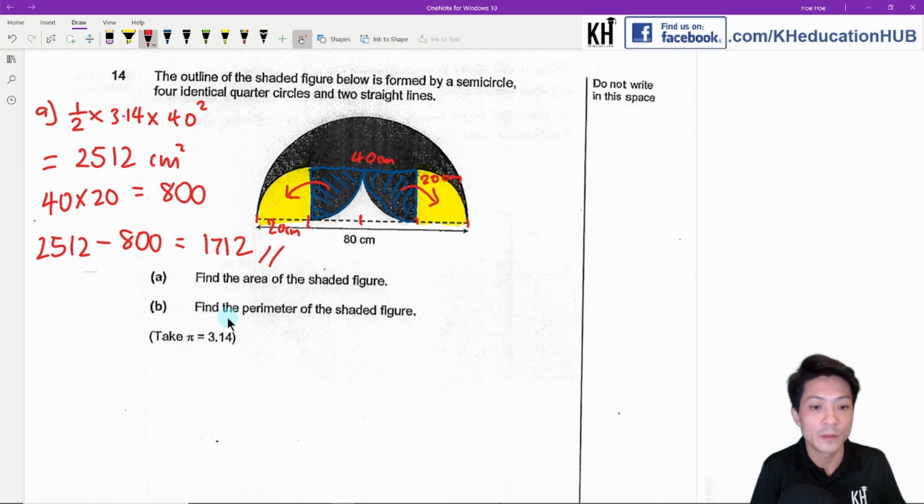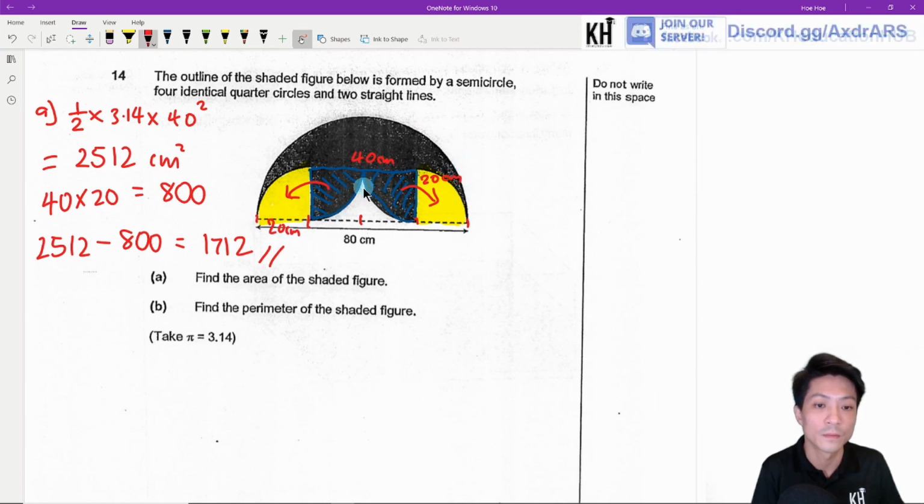Part B, find the perimeter of the shaded figure. Okay, so part B, the working is slightly longer, so I'm gonna do this.